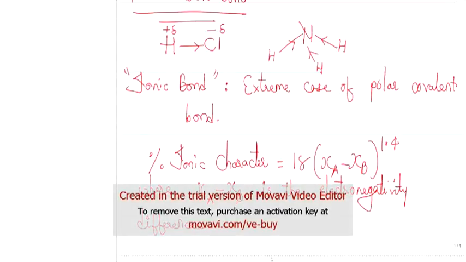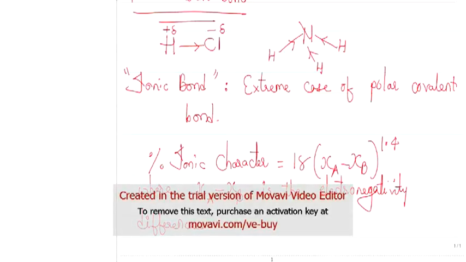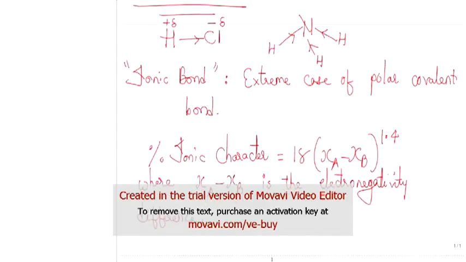So, one more way in which you can get an idea about the magnitude of polarity of any polar covalent bond, or the amount of ionic character it would have in it, is by measuring this physical quantity called dipole moment. So let us now find out what dipole moment is.